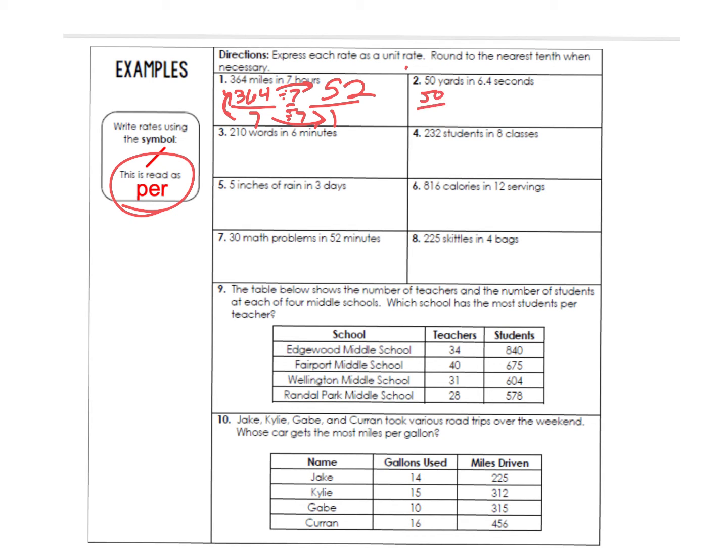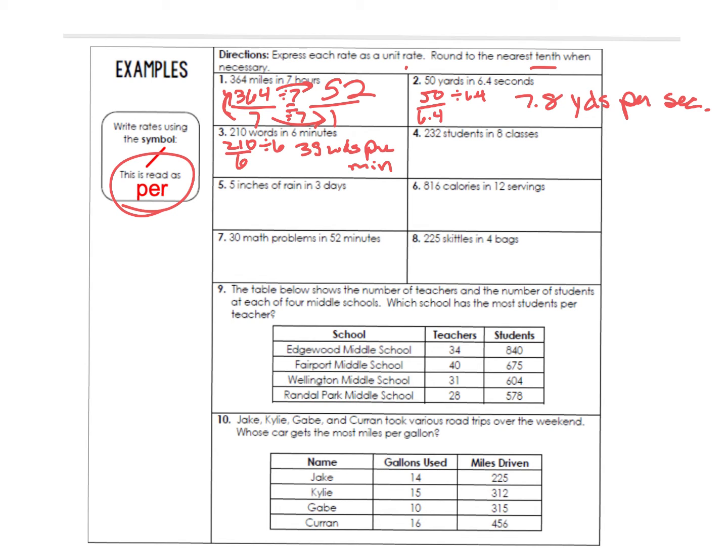50 yards in 6.4 seconds. So I'm going to divide by 6.4. I'm going to round it to the nearest tenth. So it's going to be 7.8 yards per second. 210 words in 6 minutes. So I'm going to divide by 6. So I get 35 words per minute.